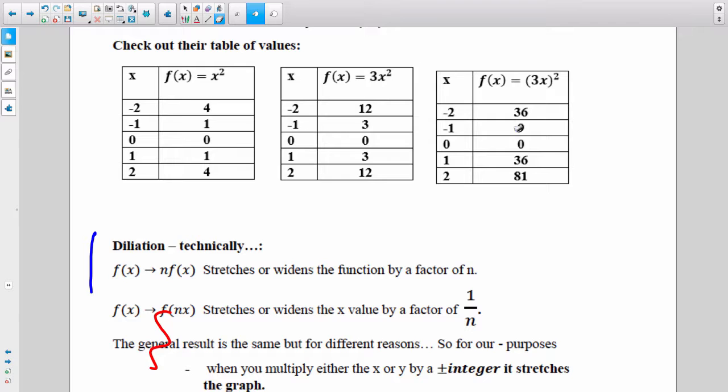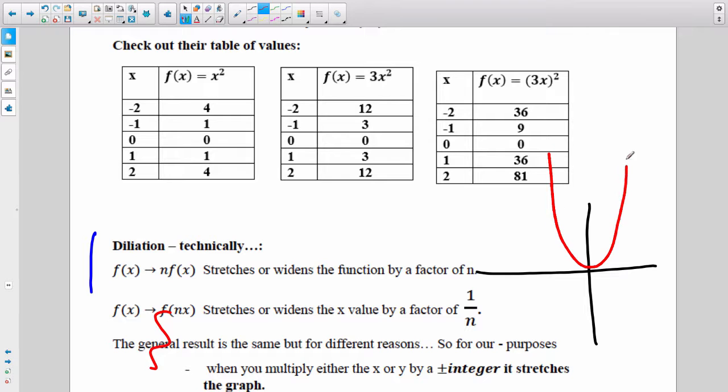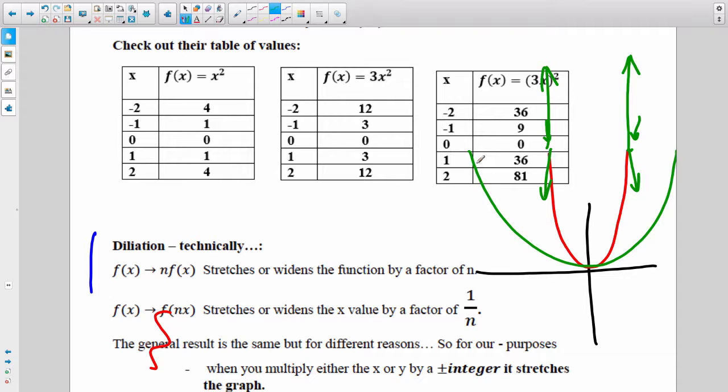And what that does is it just speeds up your graph and gives it the appearance of being closer to the y-axis, or as if someone's pulling up the parabola over here by these shoelaces. You know, if you pick them up, you would thin them out. If you have a fraction, you push them down, which actually widens them. Those are transformations. Those are the basic ones we need to know.